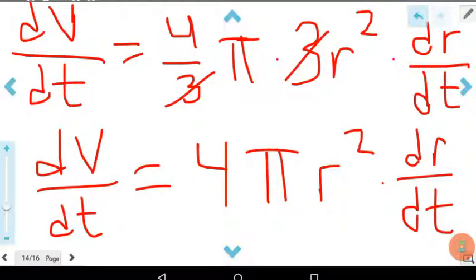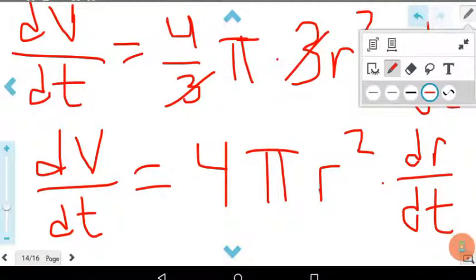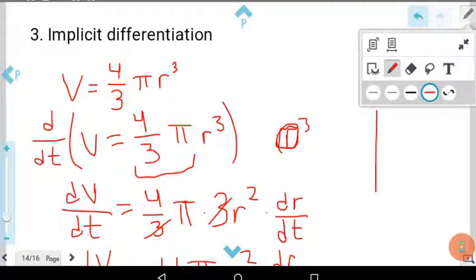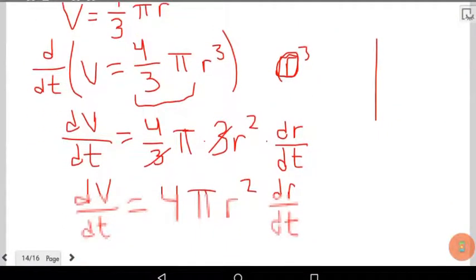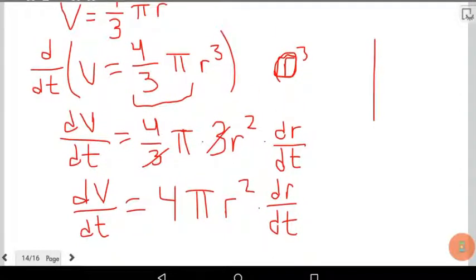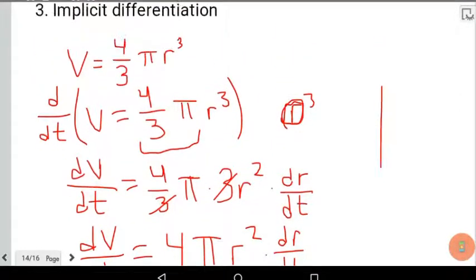And that is our derivative of both sides of that equation that we originally had up there. So that was, remember, the derivative of v equals 4/3 pi r cubed with respect to time gives us dv dt equals 4 pi r squared times dr dt.